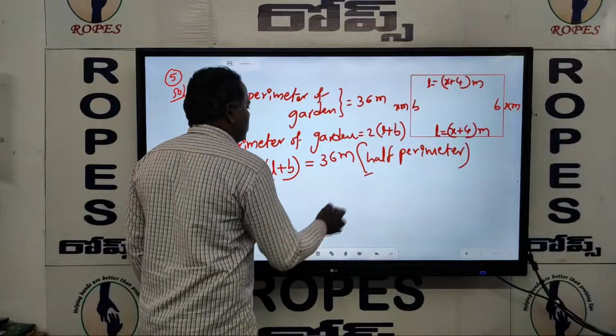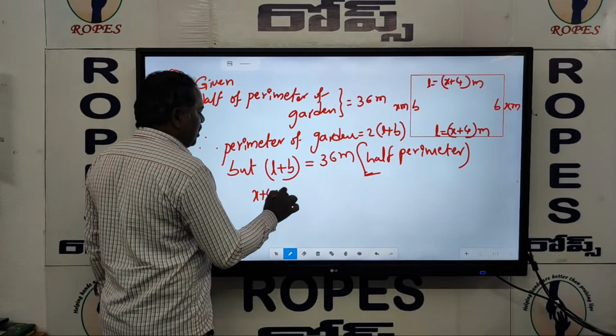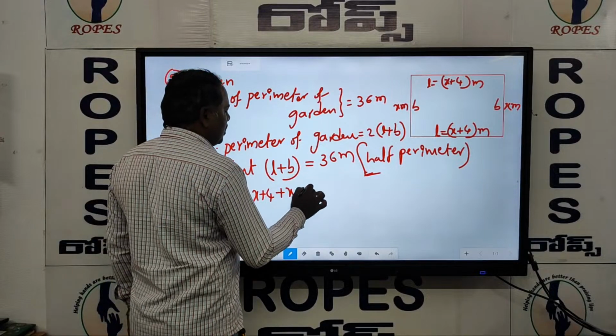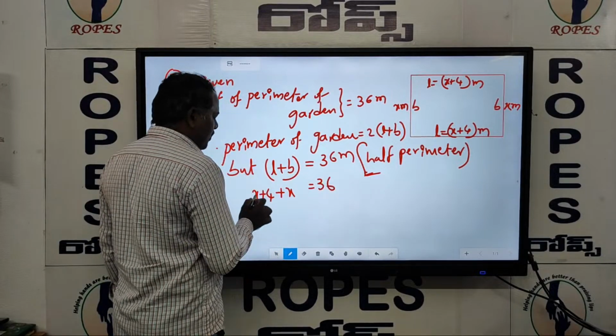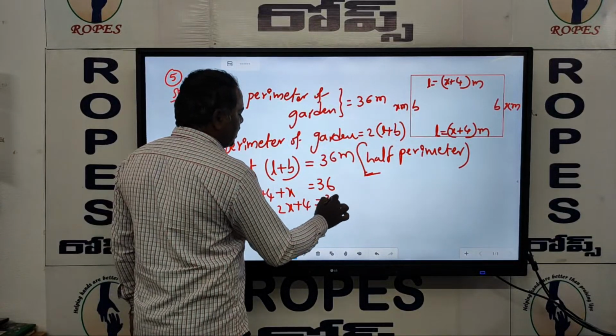Now we can write here: L means x plus 4 meters, plus B means x, is equal to 36. Now x plus x, 2x, plus 4 is equal to 36.